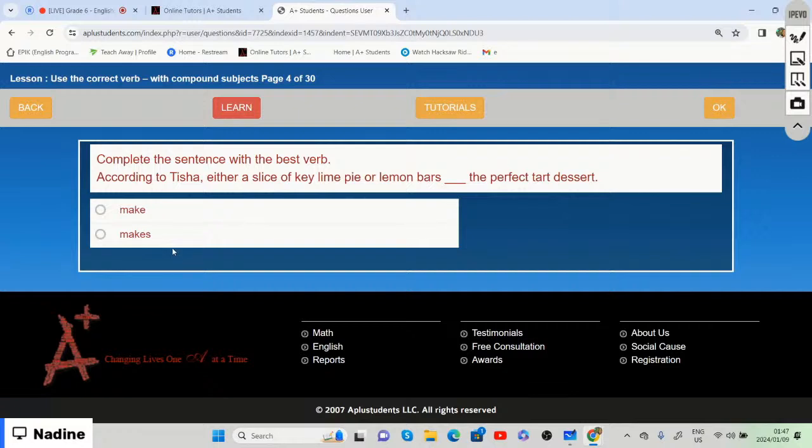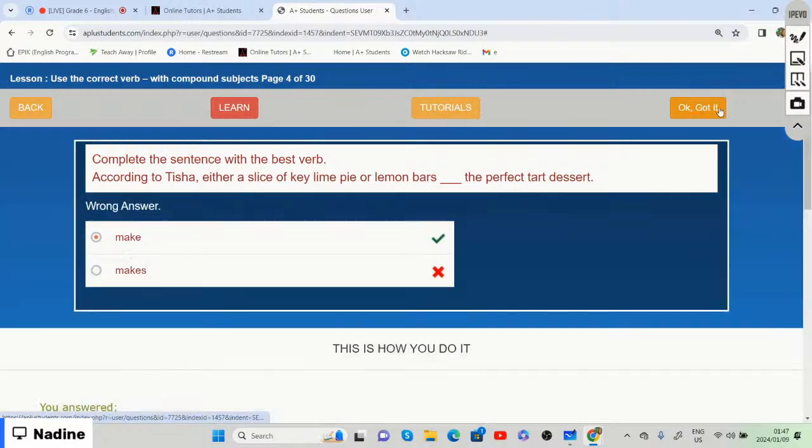So it's either a slice of key lime pie or lemon bars. Do we say make the perfect tart dessert or makes the perfect tart dessert? And if you look at the word either-or, it's make, because of the word lemon bars, which is more than one, right?